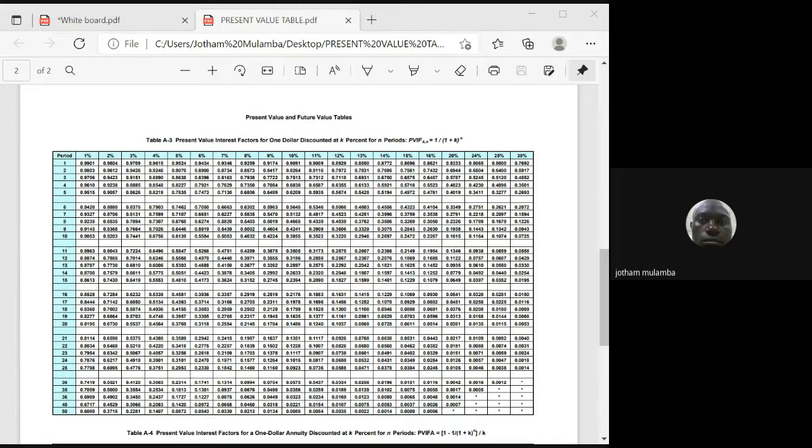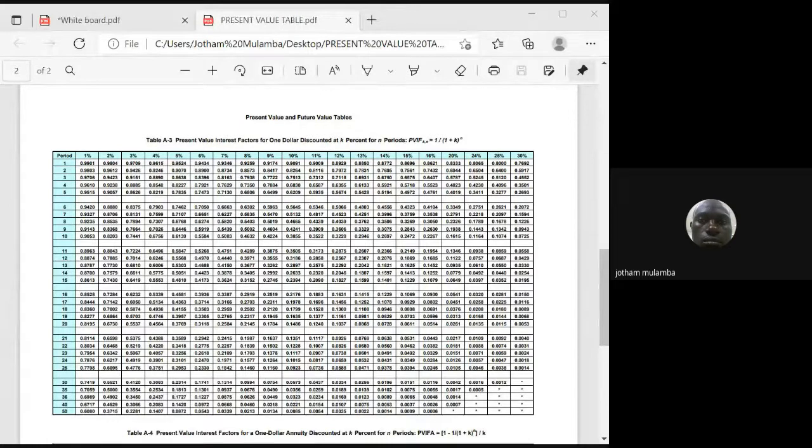That's a positive. I remember at 20, it was a negative. So now in that case, it means that our internal rate of return is between 19% and 20%.